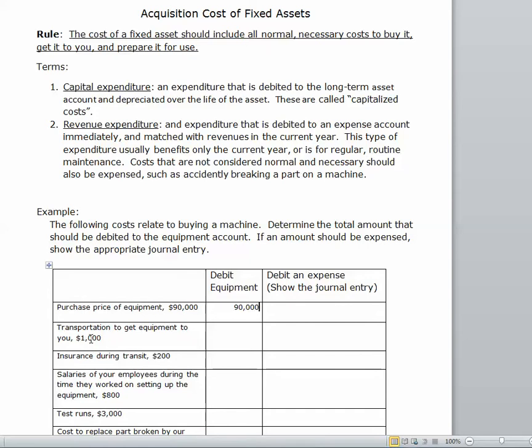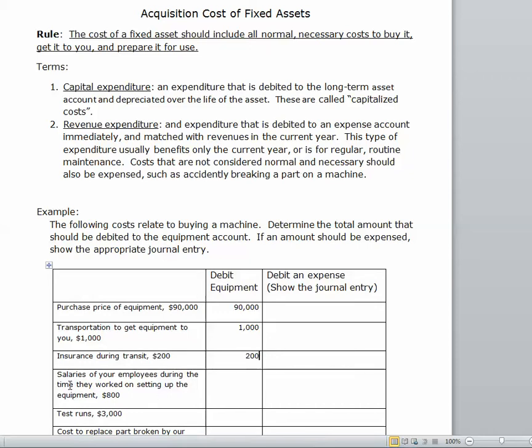All right, so I think the transportation to get it to us is something that should be debited right to the equipment account. Not an expense, but it'll go into the equipment account. And similarly, if we decide we want to have this expensive piece of equipment insured while it's in transit, that will also be debited to, guess what? Yeah, the equipment account.